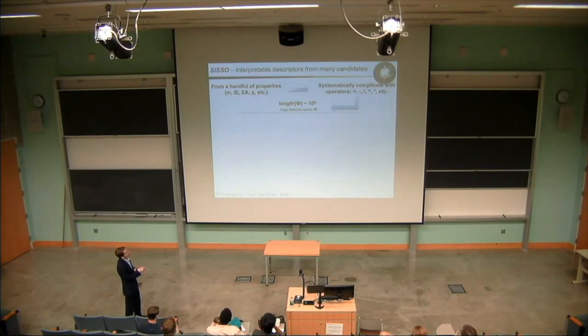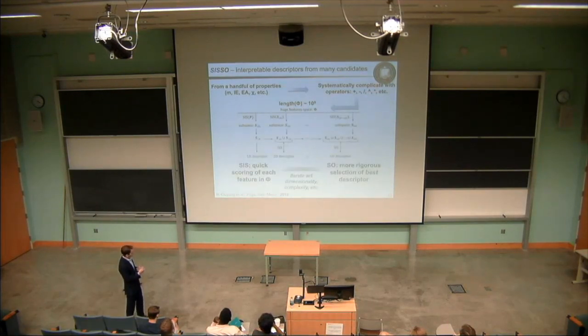And then I systematically construct these symbolic models. So I might have ionization energy divided by electronegativity, electron affinity plus ionization energy, and so forth. So ultimately, I perform this iterative scheme of making more and more complicated, physically meaningful expressions until I have about 1 billion candidates.